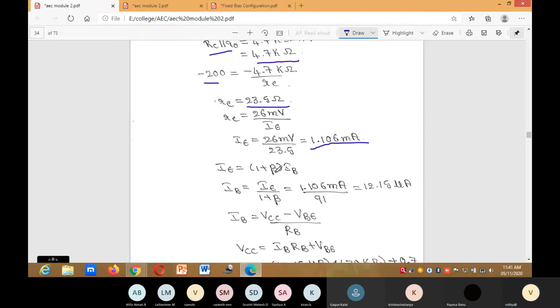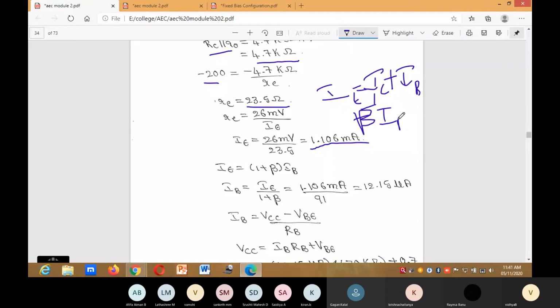Next, IE is equal to IB plus IC. You need to remember that IC can be written as beta into IB.